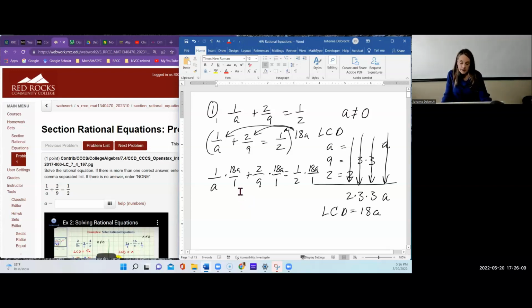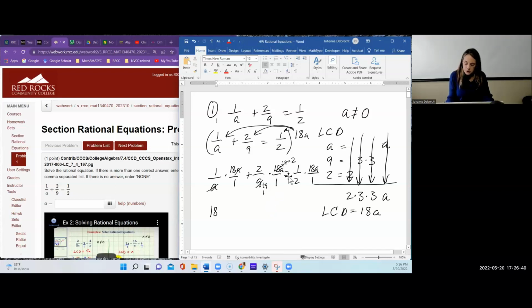Now let's go ahead and simplify before we multiply. I have an a factor in the denominator and an a in the numerator. When you found the lowest common denominator correctly, the denominators will always cancel. This leaves 18 for the first term. And the second term, 9 does divide 18. 9 divided by 9 gives me a 1. 18 divided by 9 gives me a 2.